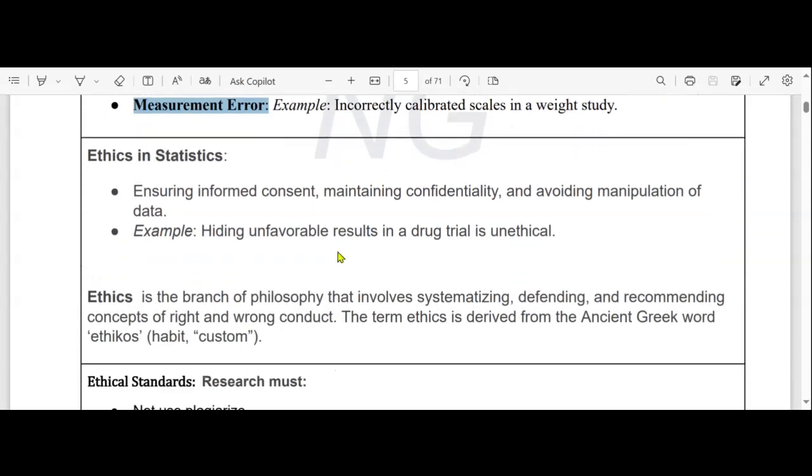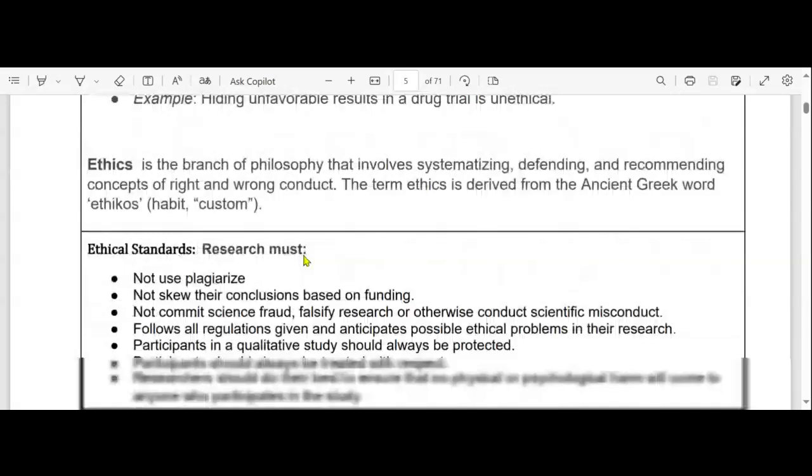The second topic here is ethics in statistics: ensuring informed consent, maintaining confidentiality, and avoiding manipulation of the data. Example, hiding unfavorable results in a drug trial is unethical. Do you understand what this means?